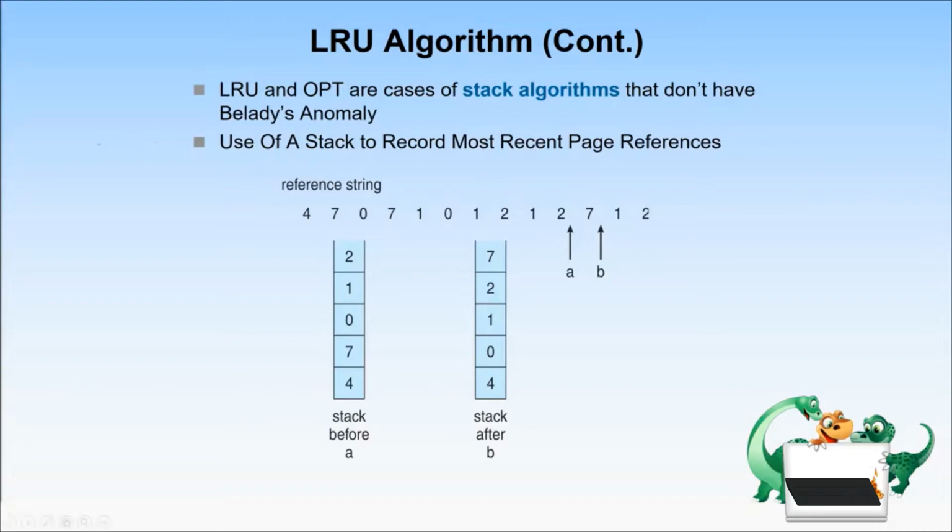A stack algorithm is one in which the pages kept in memory for a frame set of size n will always be a subset of the pages kept in a frame set of size n plus 1. So in the case of LRU, and particularly the stack implementation thereof, the top n pages of the stack will be the same for all frame set sizes of n or anything larger.